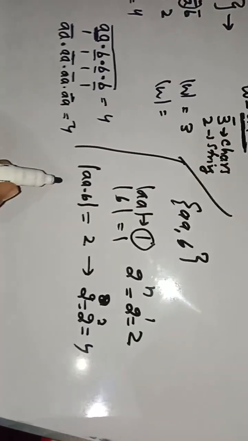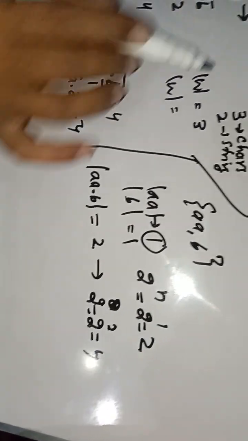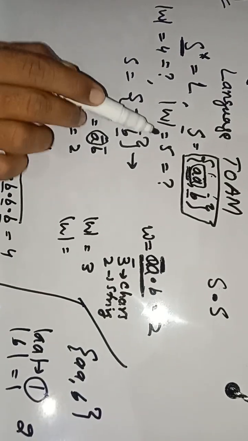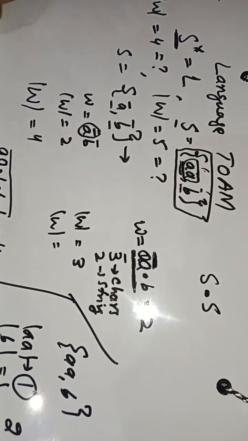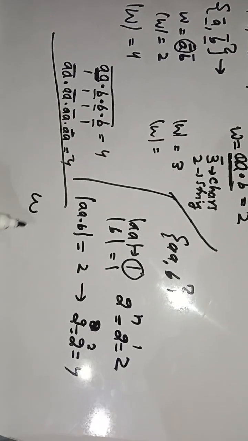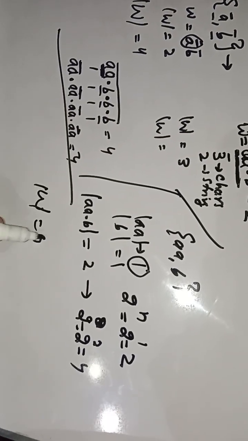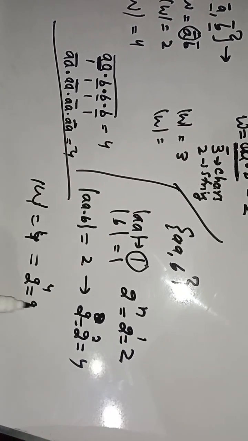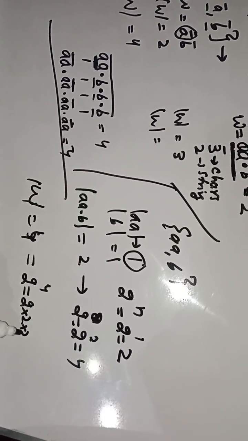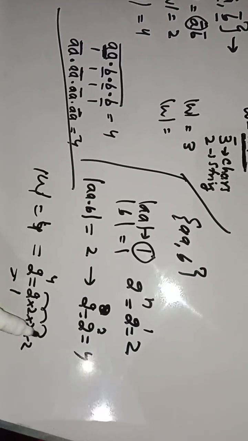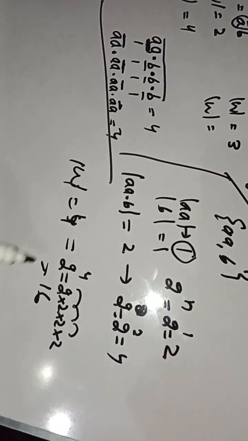The question is asking how many words of length 4 can be formed and how many words of length 5. The number of words with length 4 would be 2 power 4, that is 2 times 2 times 2 times 2: 2 twos are 4, 4 twos are 8, 8 twos are 16, so 16 words.